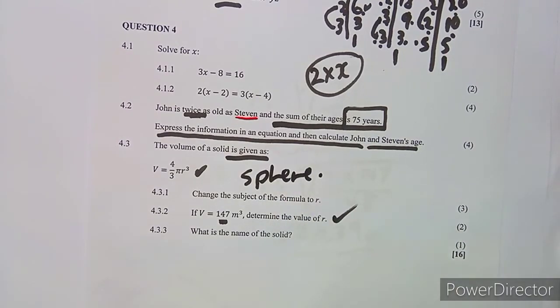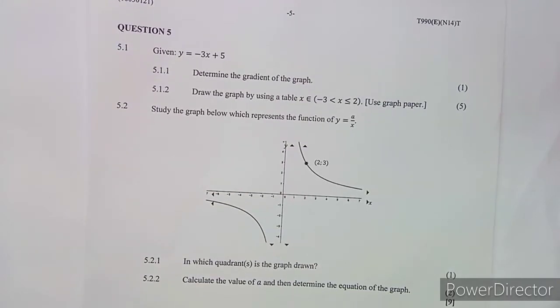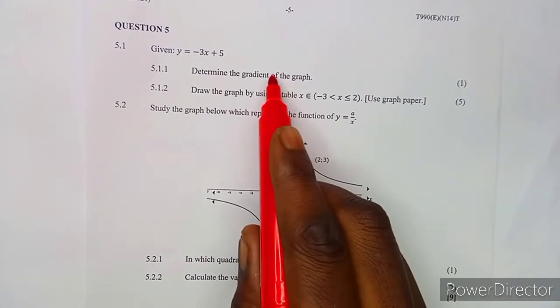All right, so let's see the other one, number 5. On question number 5, we were given the graph, which is actually a straight line of y is equal to minus 3x plus 5, and the question is to determine the gradient of the graph.